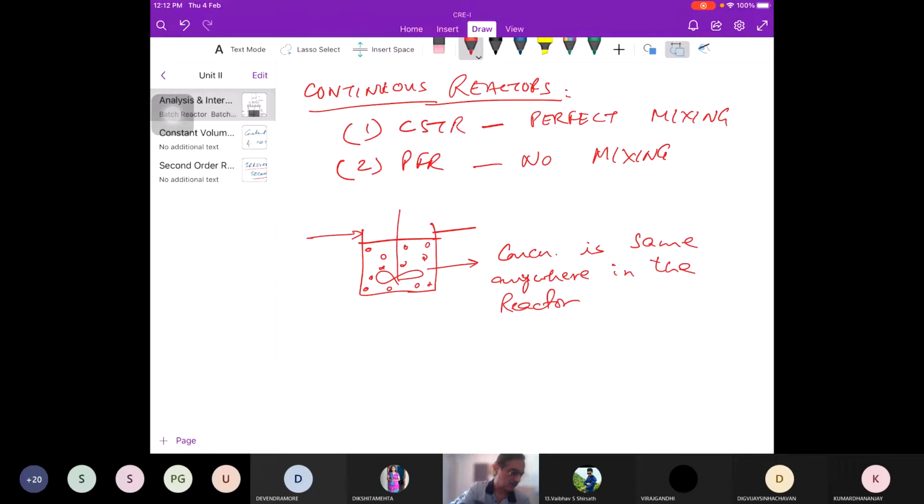Doesn't matter. That is what we're talking about. We're talking about ideal things here. Let me put it. Ideal CSTR, there is complete mixing.